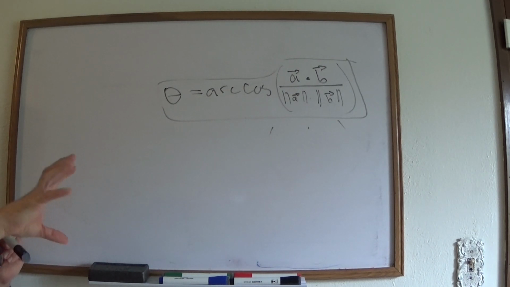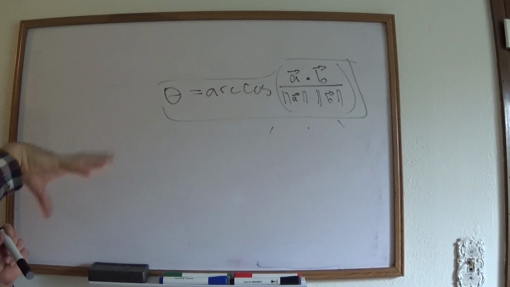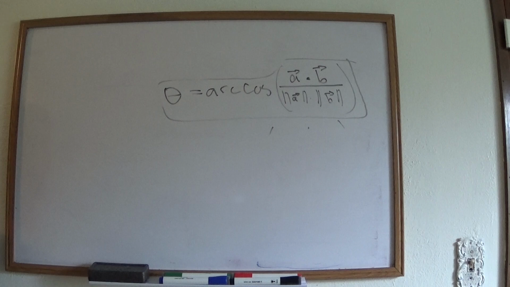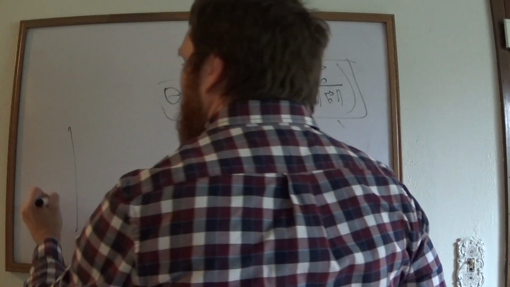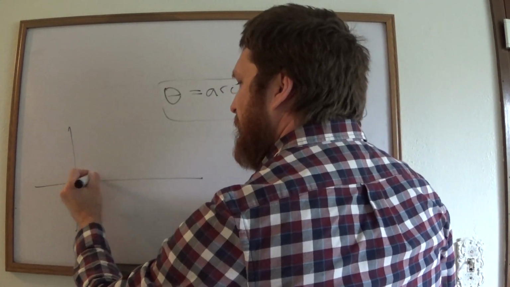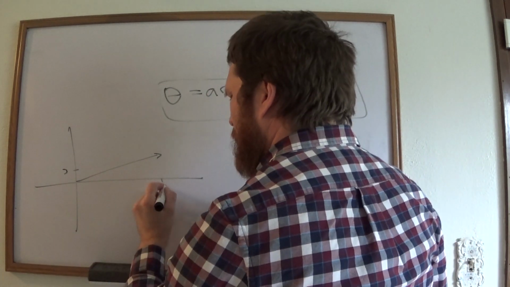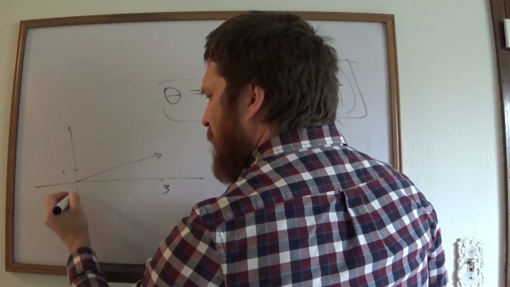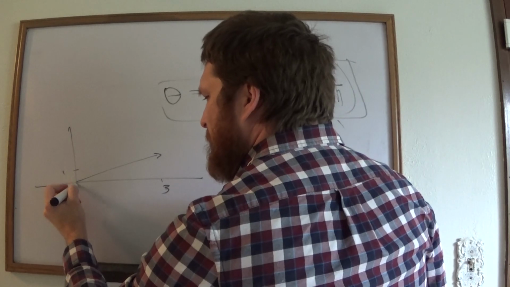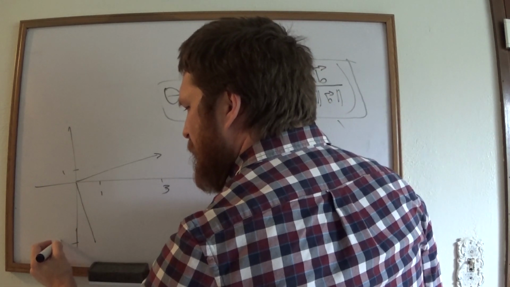But for right now, what I saw was stuff like this: here's one of the vectors, a 3 and a 1, and then the other one was down here with a 1 and a negative 2.